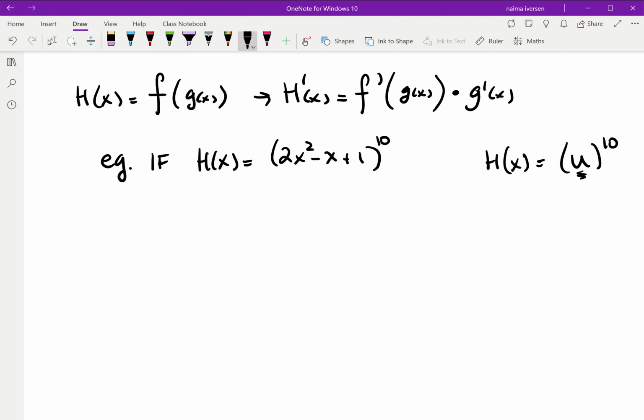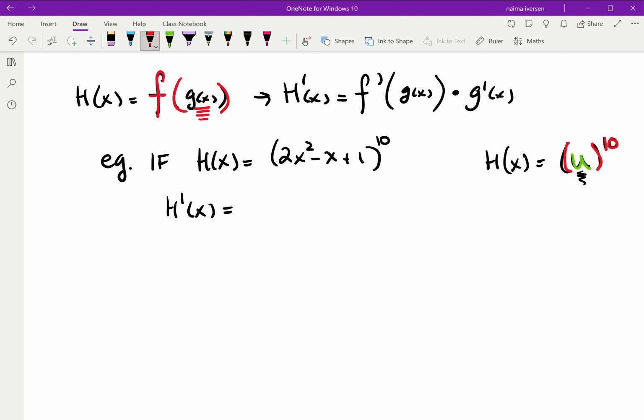There's my inside function. And so what I'm going to do is take the derivative of this thing. When we are dealing with the chain rule, you always have an outside function, which is doing something to the stuff, and then the inside function, which is essentially the stuff. So my outside function is something to the power of 10, and my inside function is all that stuff in the middle.